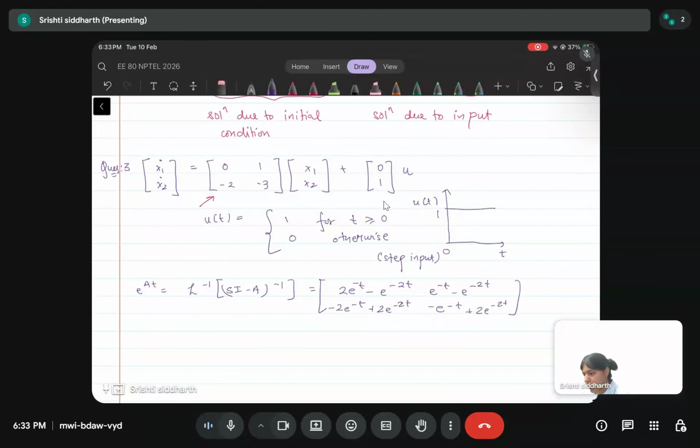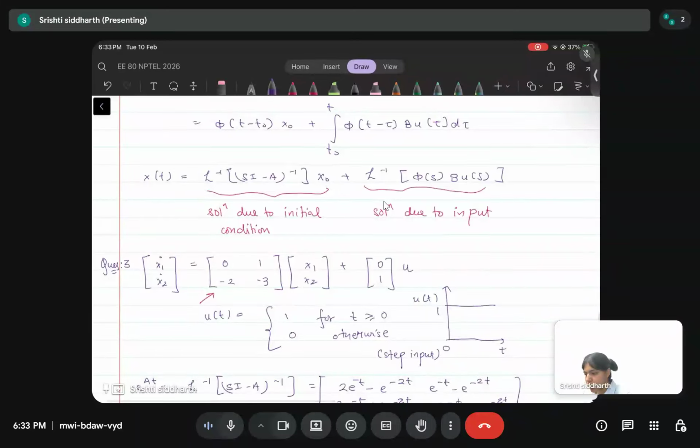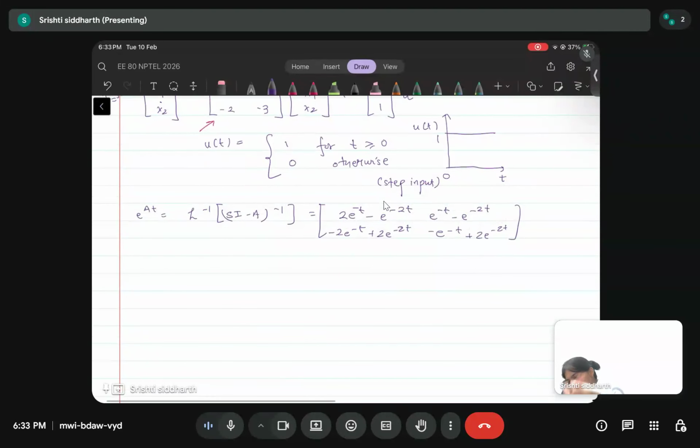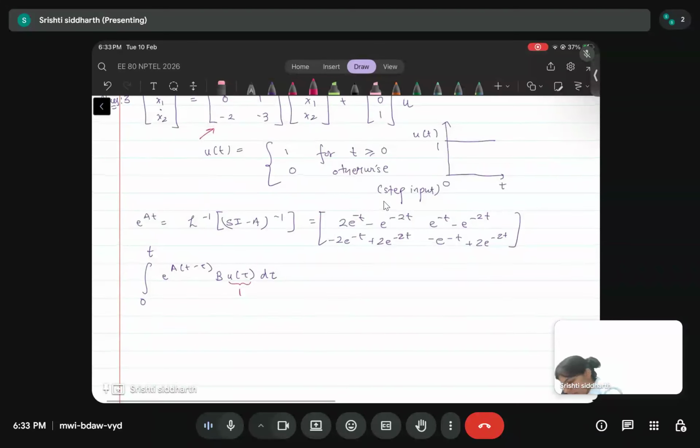So now we need to calculate the Laplace inverse due to input, or the integral. So we have time 0 to t. t0 is 0 in this case. We have e to the power A(t minus tau) B u(tau). For any time greater than 0, u is always 1, and B is given to be 0, 1.